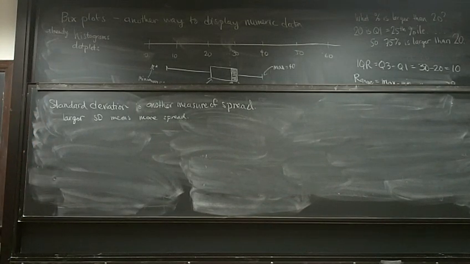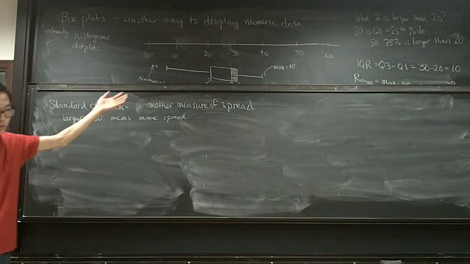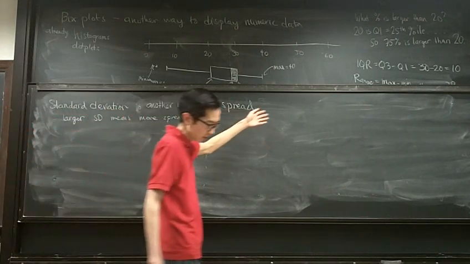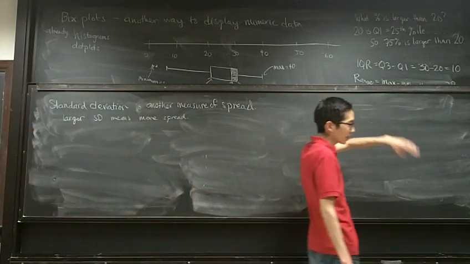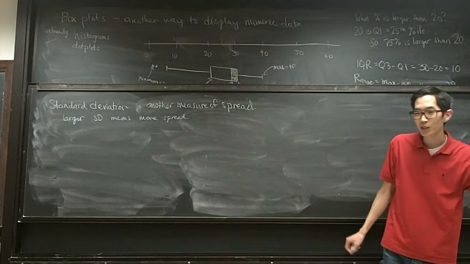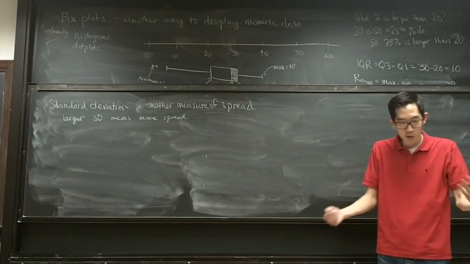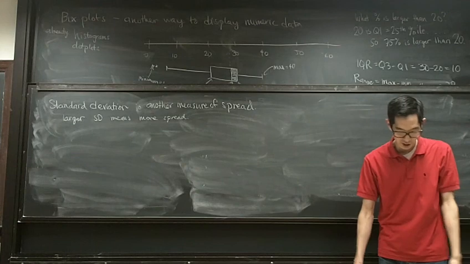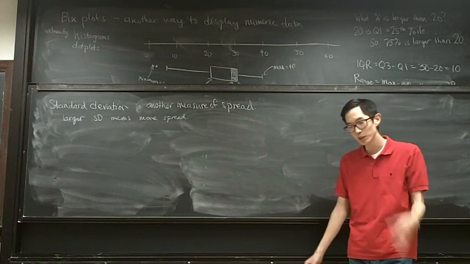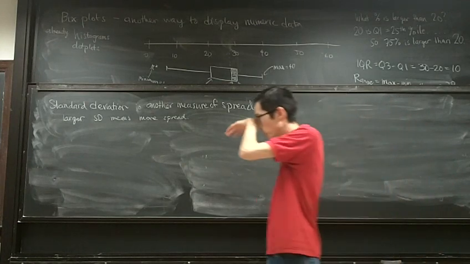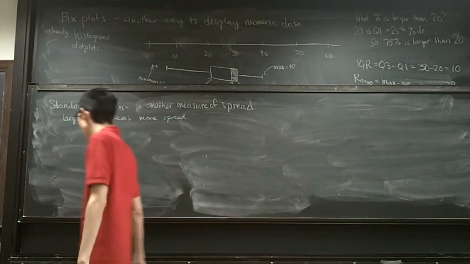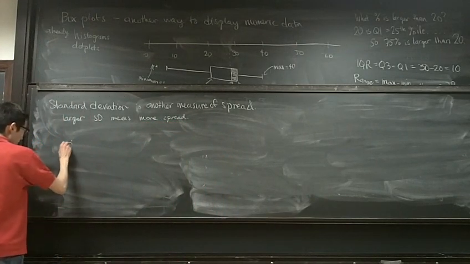Alright, so I'm going to put the formula for standard deviation up on the board. Some of you love formulas. I'm not a fan of formulas, actually. But some of you love them and use them as crutches. I don't recommend that. I recommend the concept a lot more. But if you insist, this is the formula for the standard deviation.